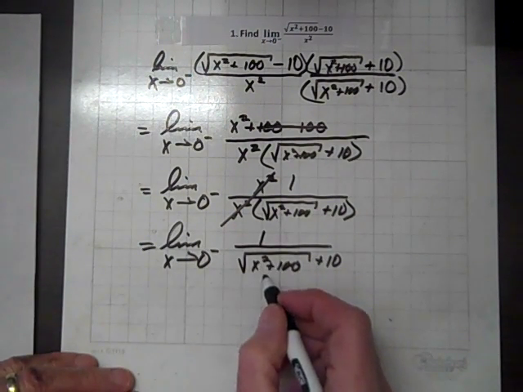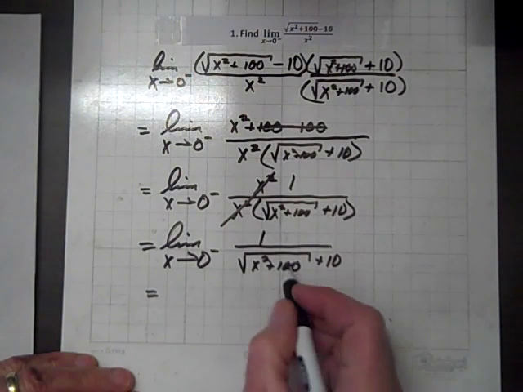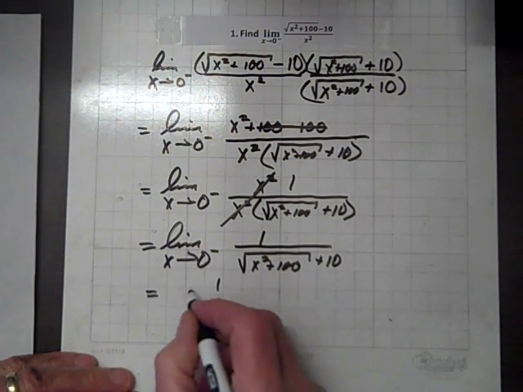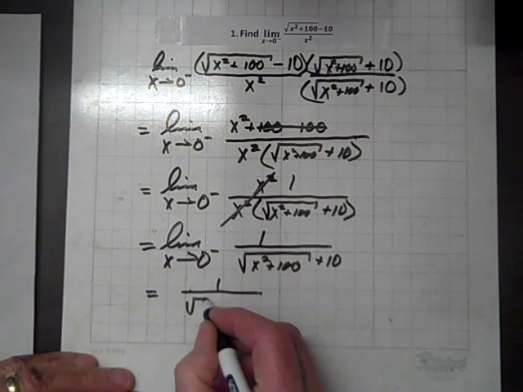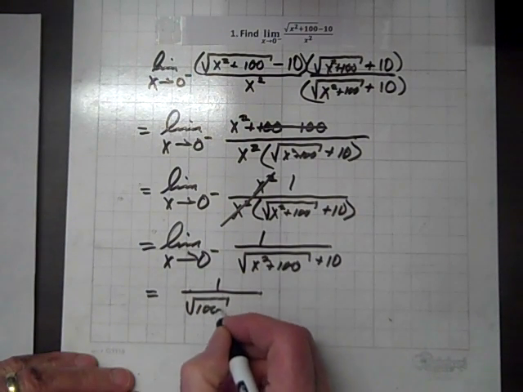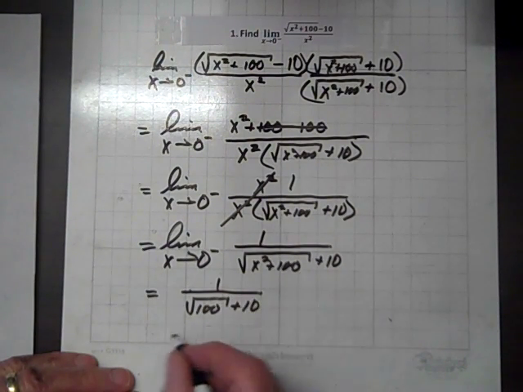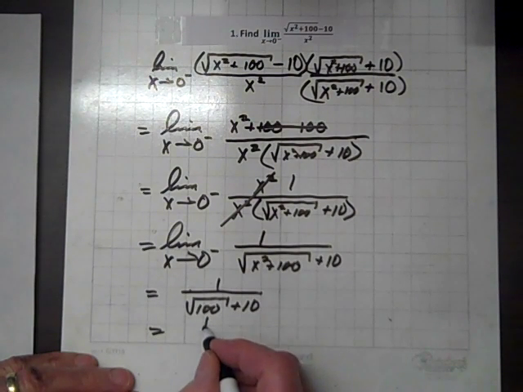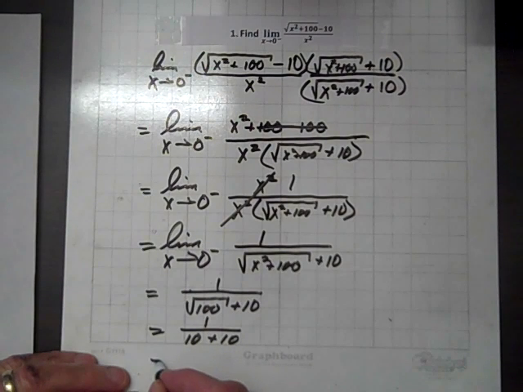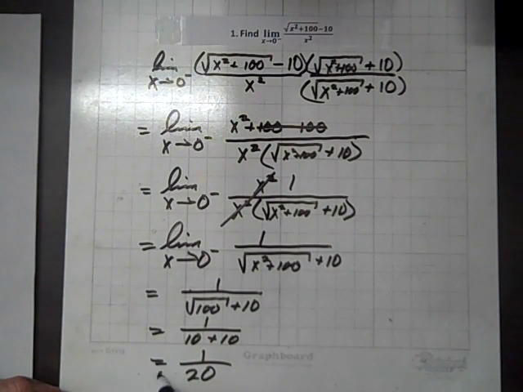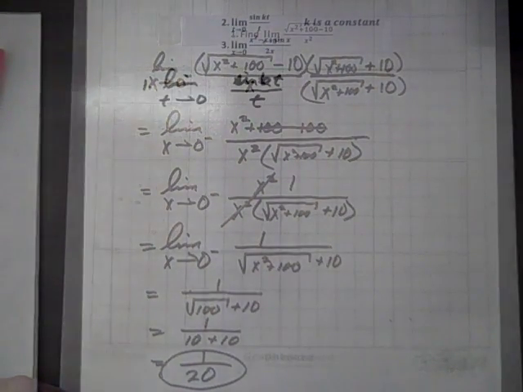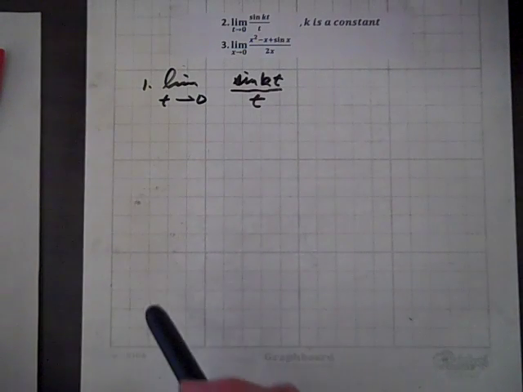And if x squared goes to 0, we just have the square root of 100 plus 10, but the square root of 100 is 10, and so this thing equals 1 over 20, and we've found the limit. And that's it.